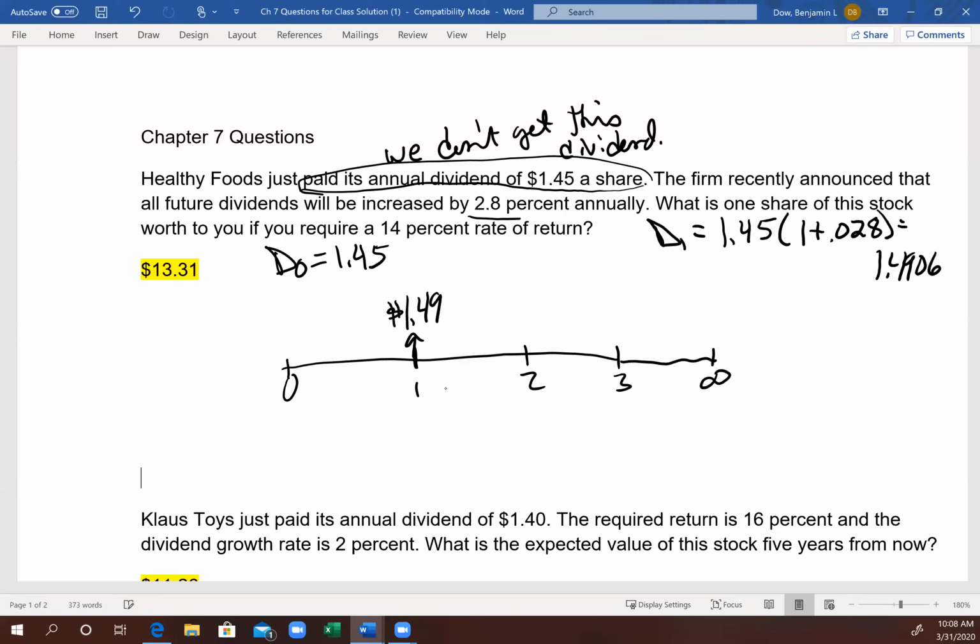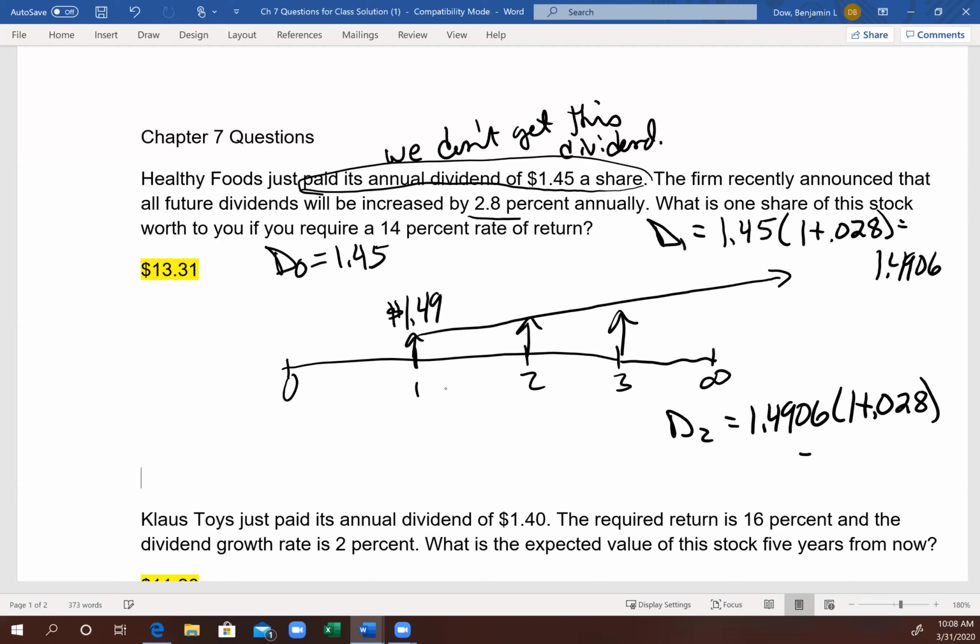Now, if that dividend keeps increasing at a constant rate, it means all future dividends will also grow at 2.8%, which would be $1.53. And then D3 would be $1.575. And we could keep doing this on and on and on forever.